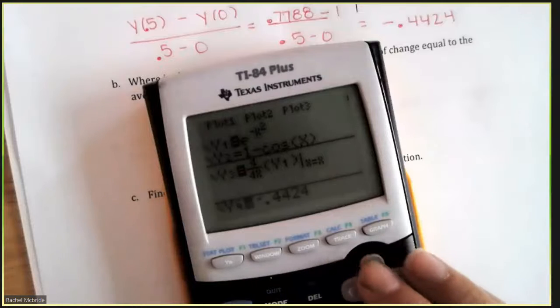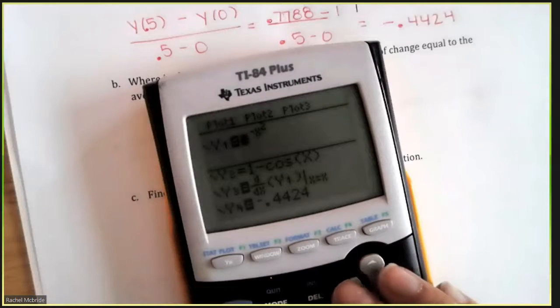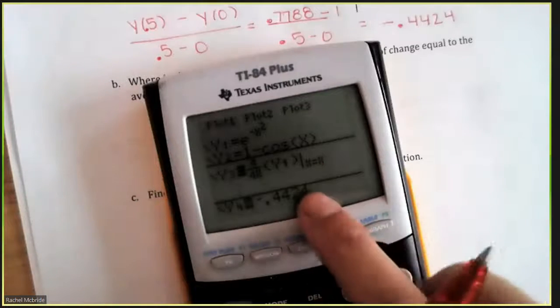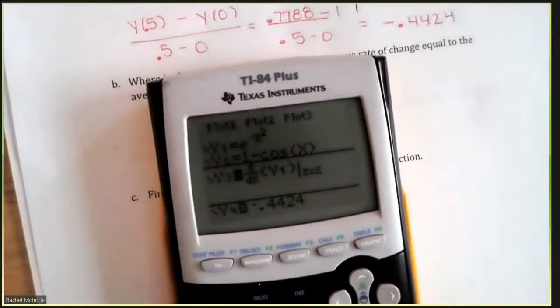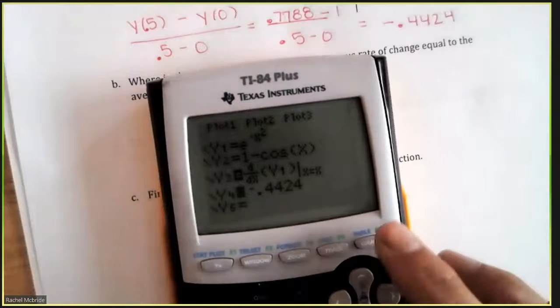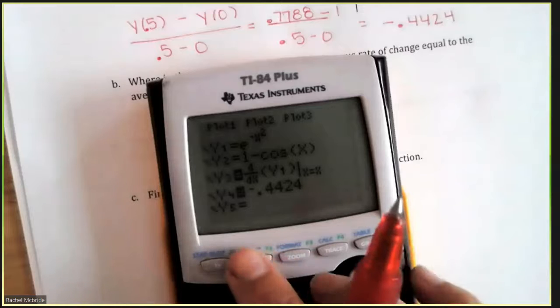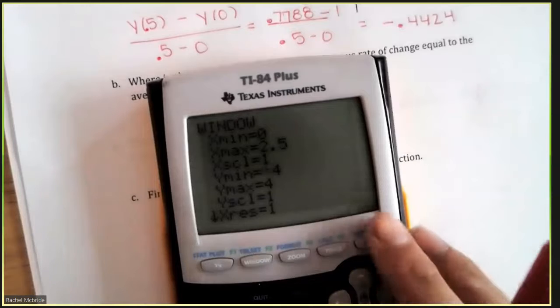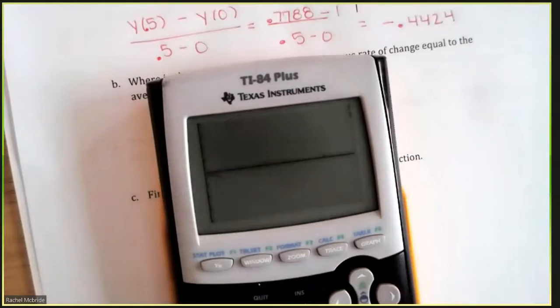And I'm going to actually even turn off the original graph because what I want to do is know when the derivative equals the average rate of change. So that's what I'm going to look at. So my window is 0 to 0.5. It's probably not going to be in the negatives, so we're fine. So we want to know, okay, when do the two graphs intersect?